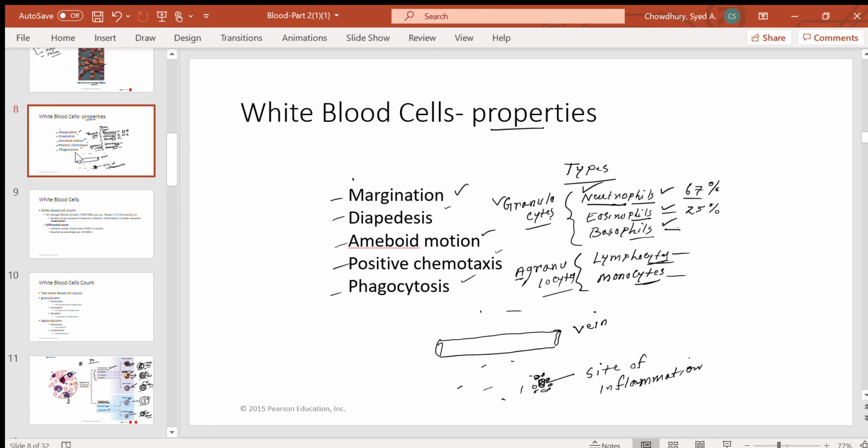Okay, so when the white blood cells pass through the nearby blood vessels, in the wall of the blood vessel you have narrow tiny pores or holes. So these white blood cells can detect that around them there is a site of inflammation. So what they will do, instead of passing through the blood vessels, they will get attached to the inner surface of the wall like this. This is called margination.